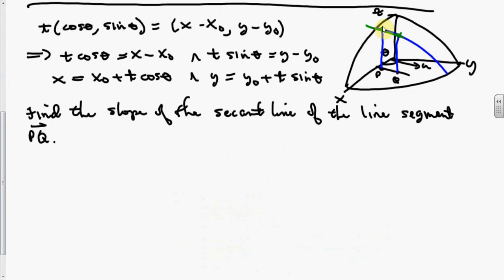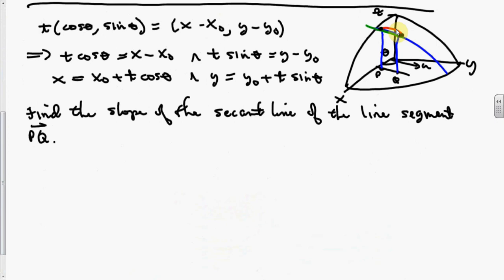You know, there's curvature there. So we're looking at it from P to Q. Why do we find the slope of the secant?